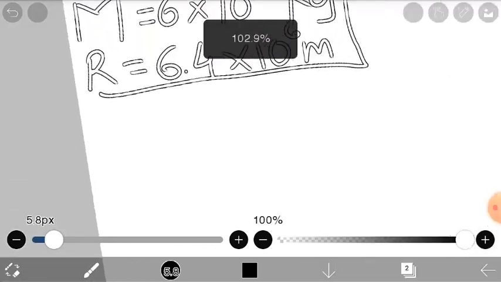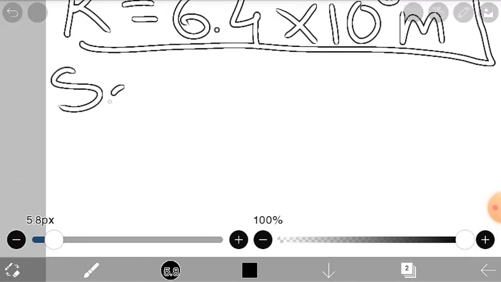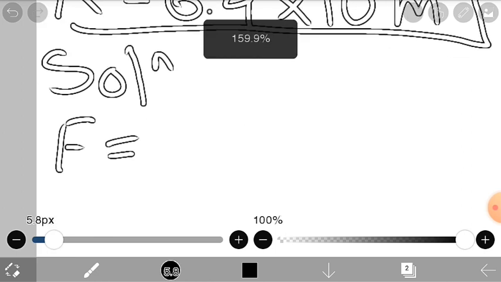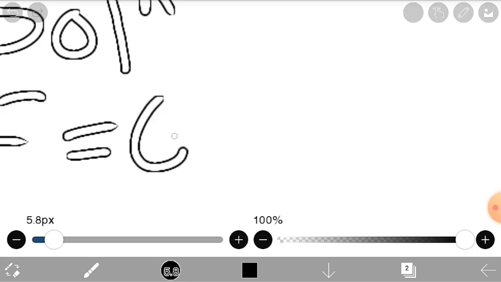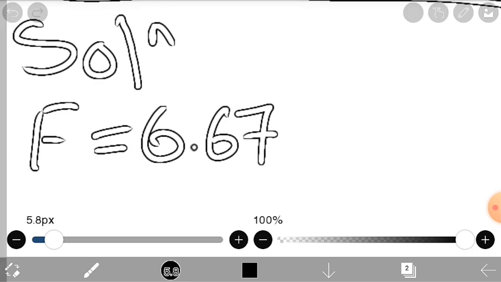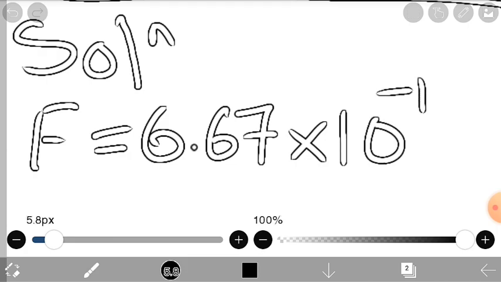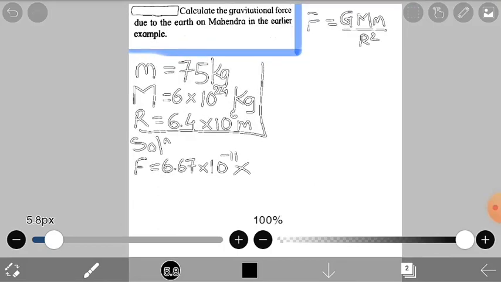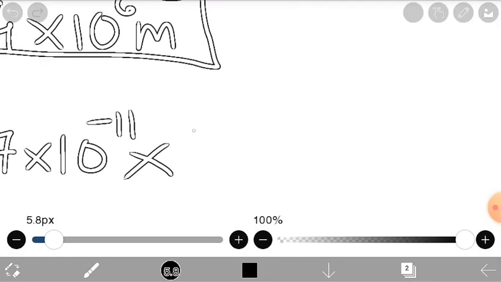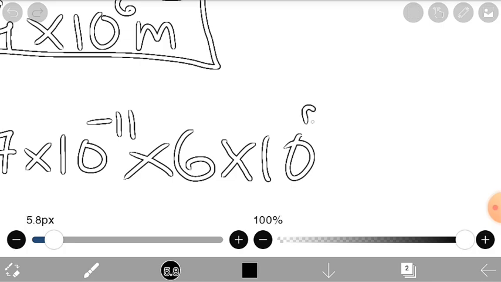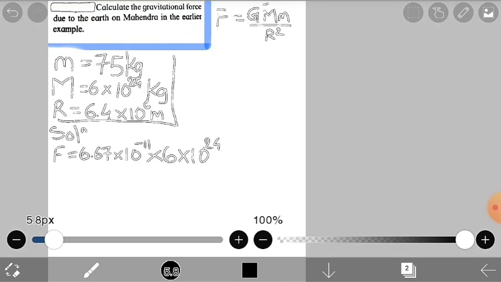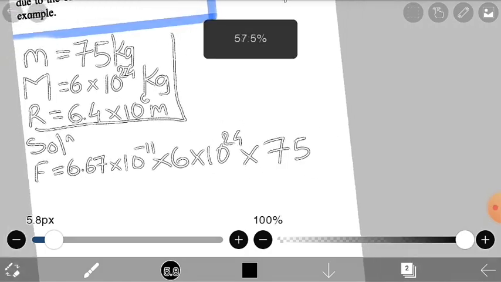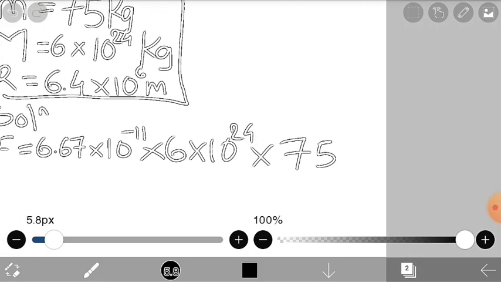Solution: force equals, the value of gravitational constant is 6.67 into 10 raised to minus 11, the mass of earth is 6 into 10 raised to 24, and the mass of Mahendra is 75 kg, upon radius square.